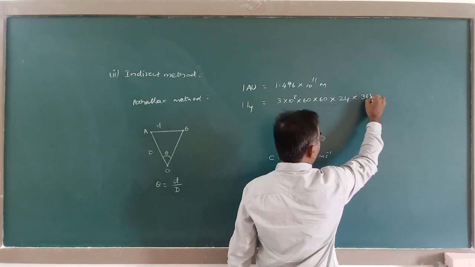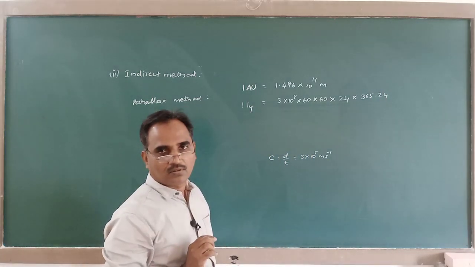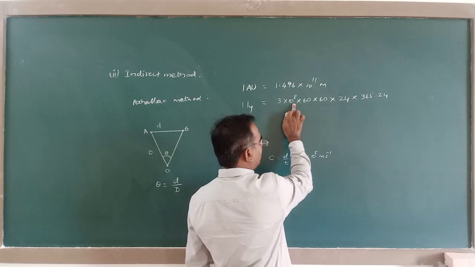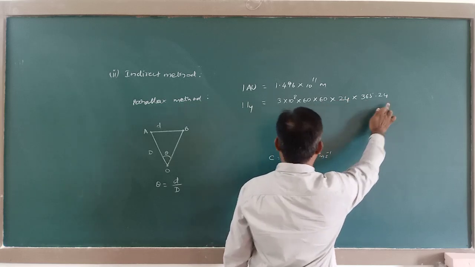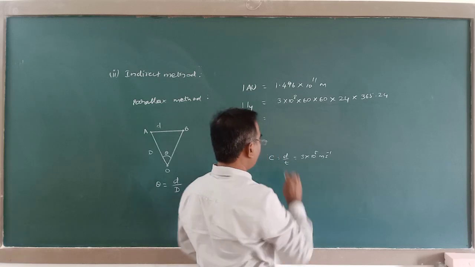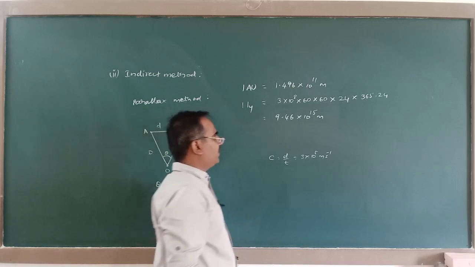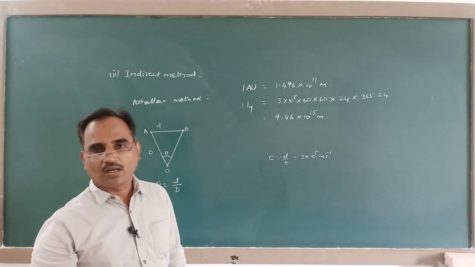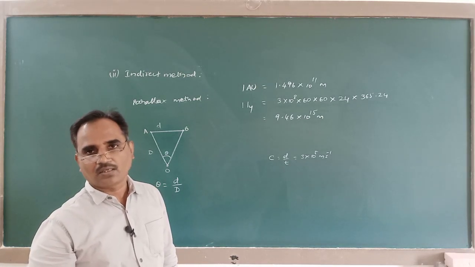Into 365.24 nearly, that is 1 year. So if you calculate this value, it comes to be nearly 9.46 into 10 to the power of 15 meter. So this is another large unit in which astronomical distances are measured.